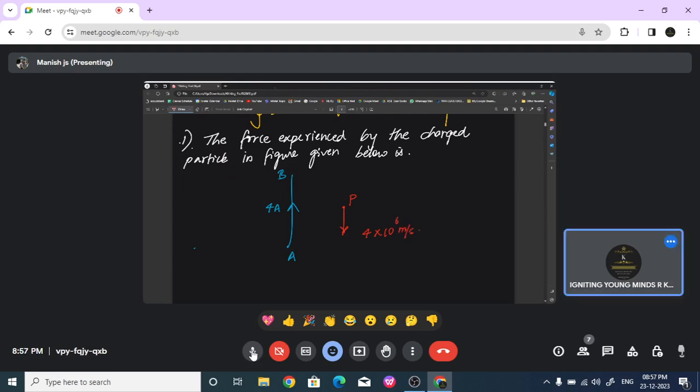That is the velocity with which it is moving. And the distance between the conductor and the particle is given by this dotted line as 0.2 meters. And this is all the information you have.